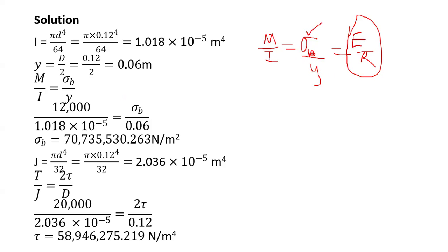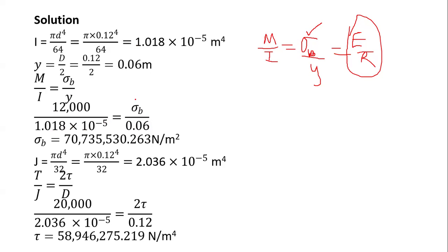All these we have, there's a moment, we have calculated for I, we also have Y. So I can then proceed to substitute. In place of M, I have 12,000. In place of I, I have this number here, 1.018 multiplied by 10⁻⁵, is equal to the bending stress divided by the Y, which is 0.06.